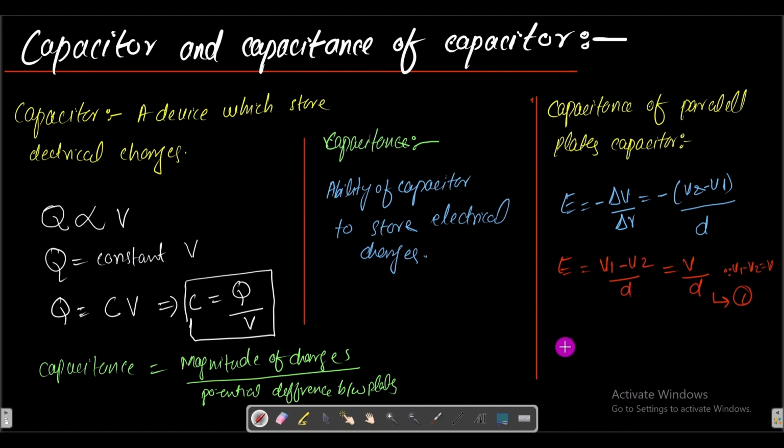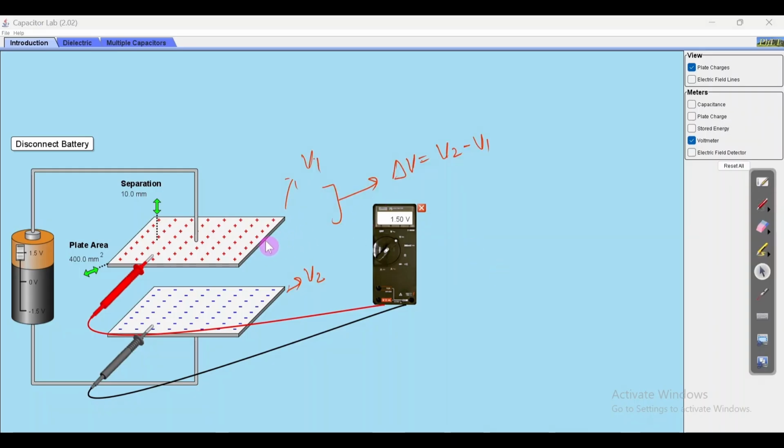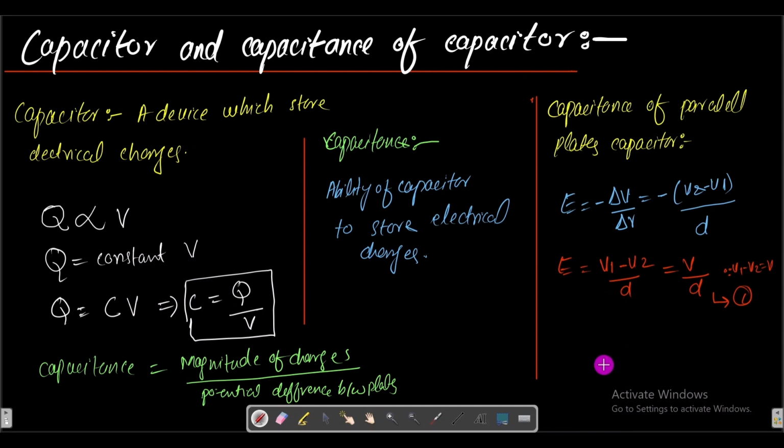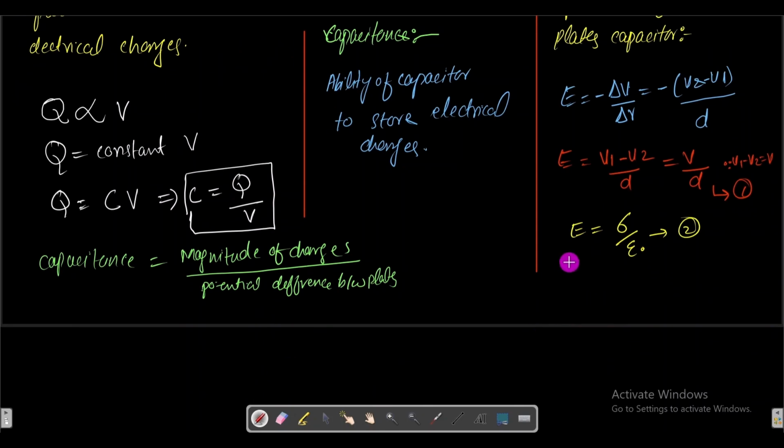Now, from the Gauss law, the electric field intensity between the plates can be written as E is equal to sigma by epsilon naught. So this is equation 2, which is given by the Gauss law. Here this sigma is the charge density on the plates.